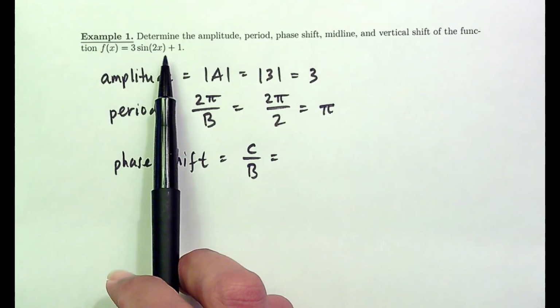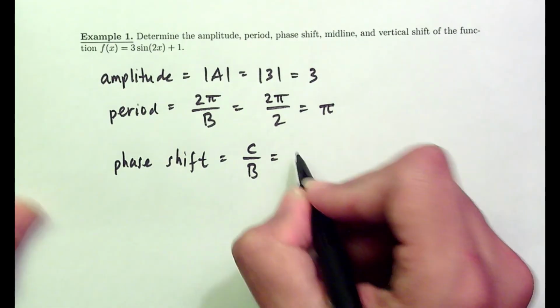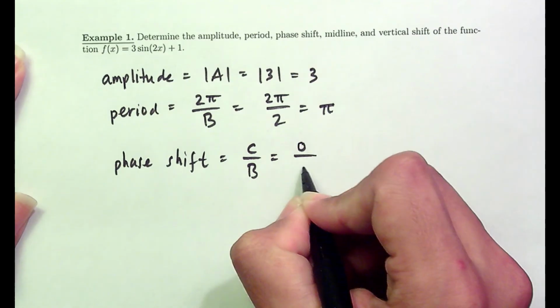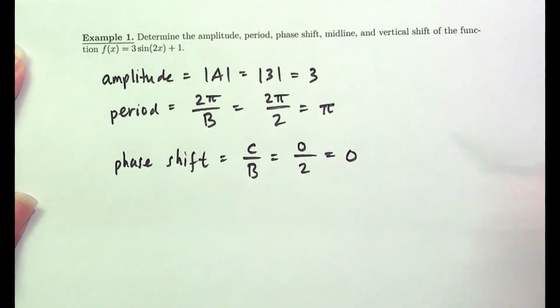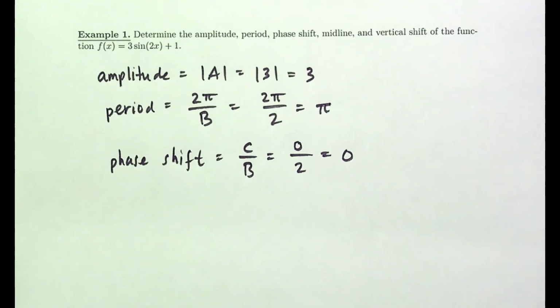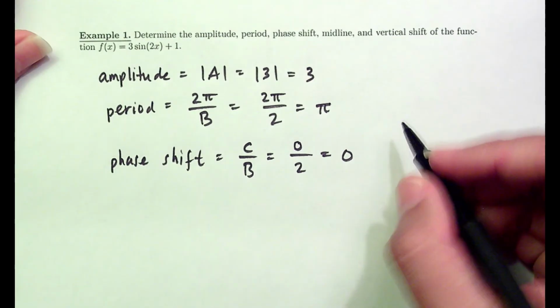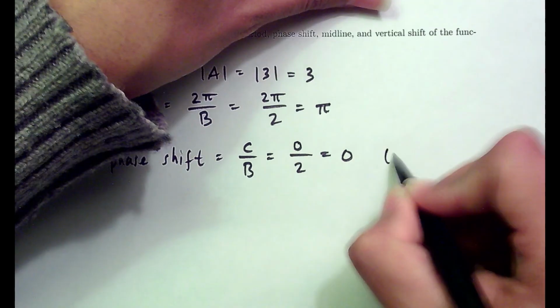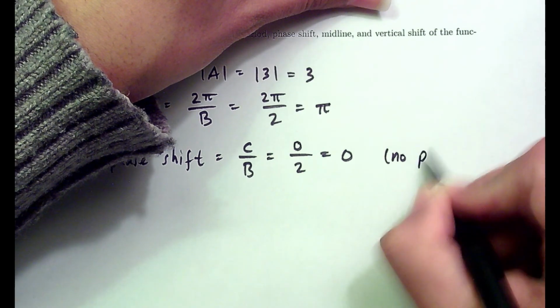There's no c. So this is just 0 over 2, and this is just 0. So that means the original graph is not being moved either to the left or to the right. So you can say the phase shift is 0, or you can say there's no phase shift.